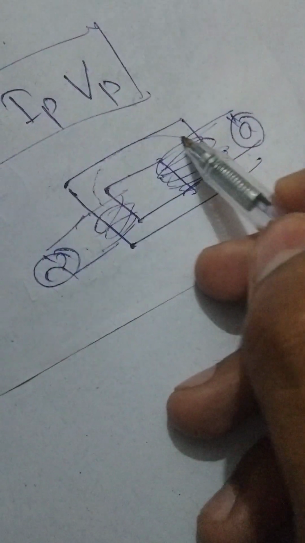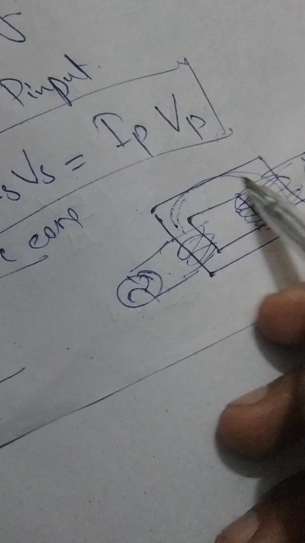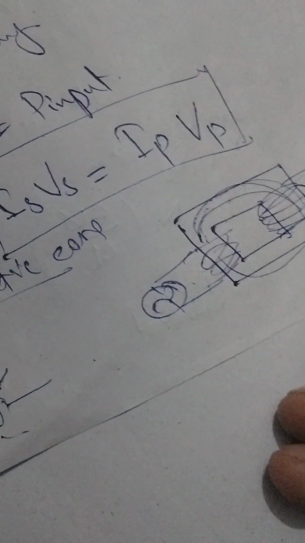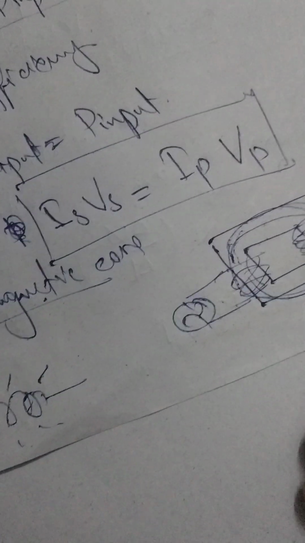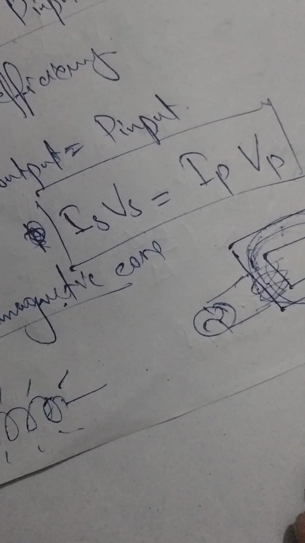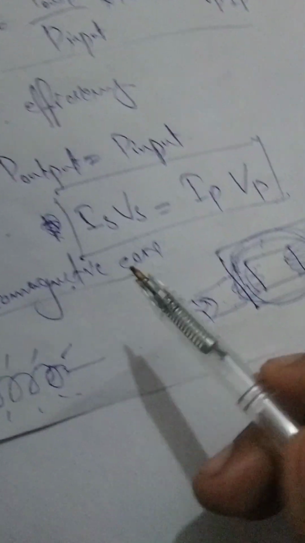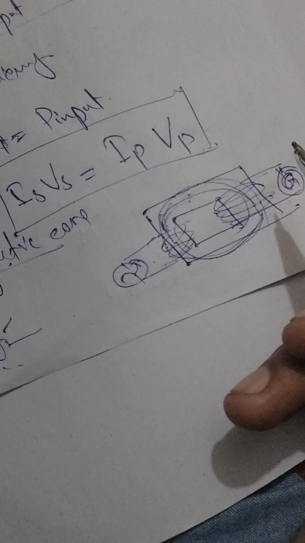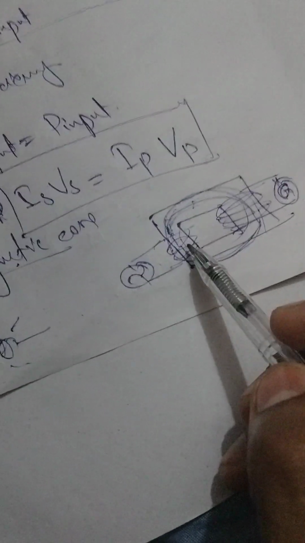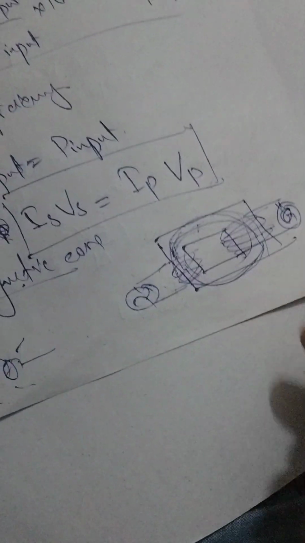We want all the magnetic field lines to pass through the secondary coil. So to manage this, we have to use a ferromagnetic substance that attracts all the magnetic field lines to pass through the secondary coil. That is why we prefer the soft iron core, or any soft ferromagnetic material, to avoid any dissipation in that step.